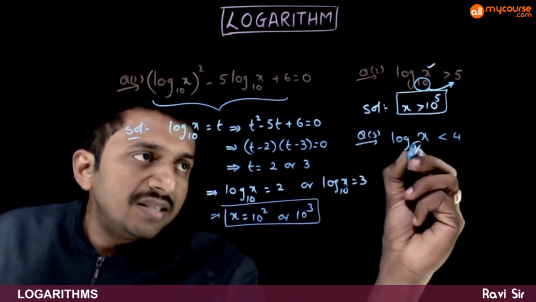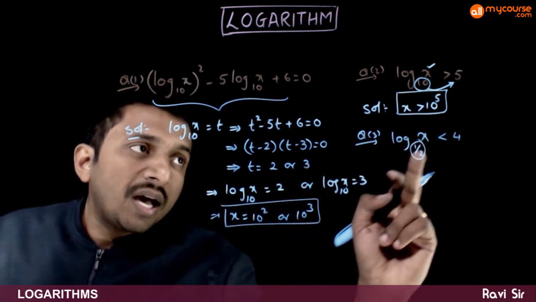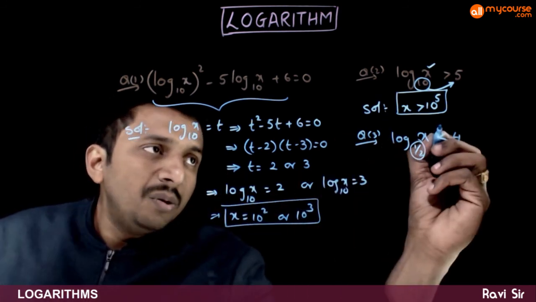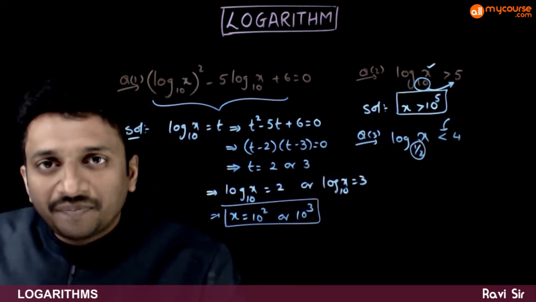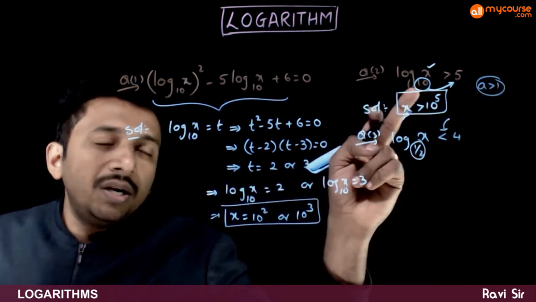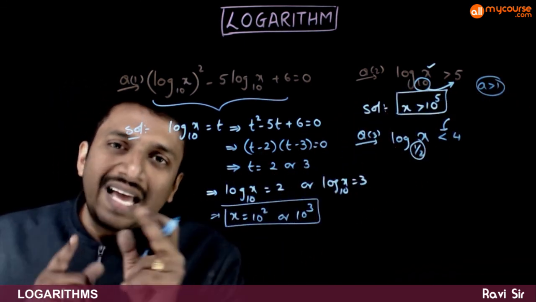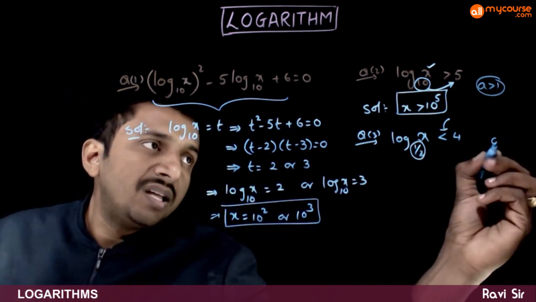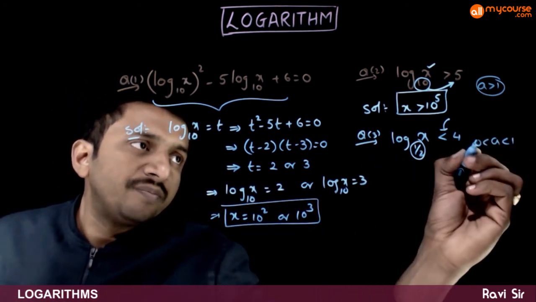If the base is in between 0 and 1, you can convert this into exponential form, but remember that you need to reverse the inequality. So if the base is greater than 1, then you can do the operations exactly as you have done for equalities.